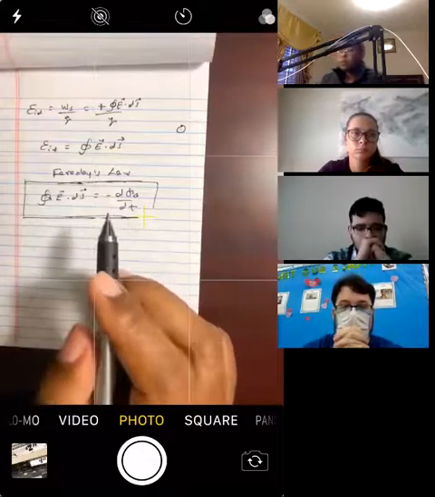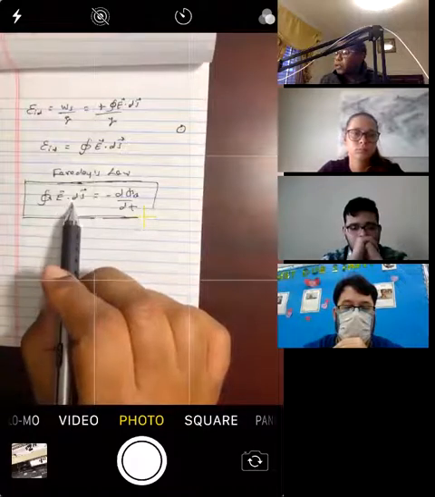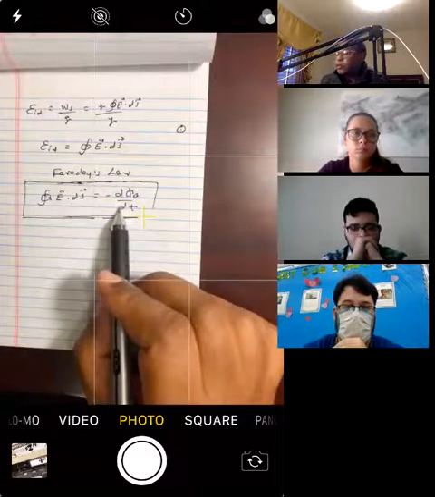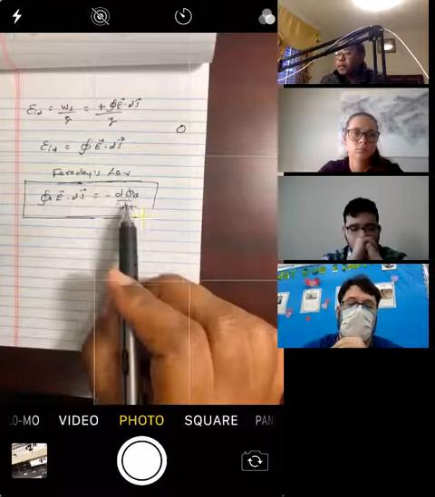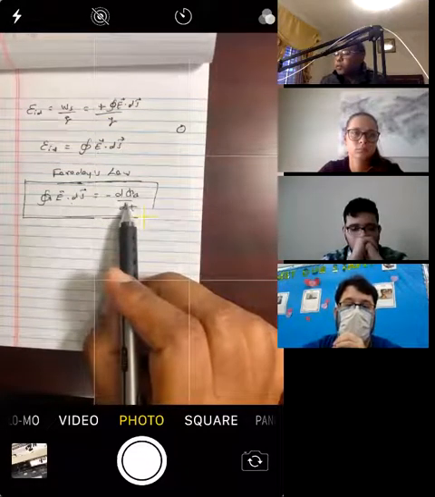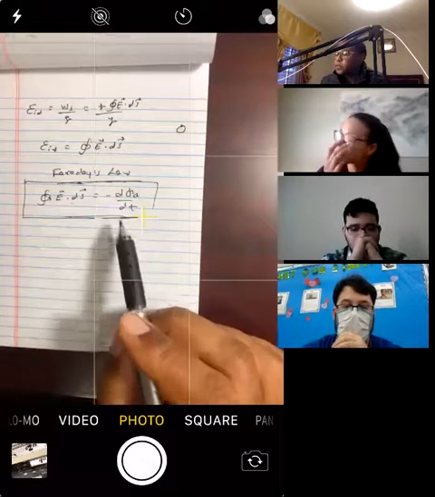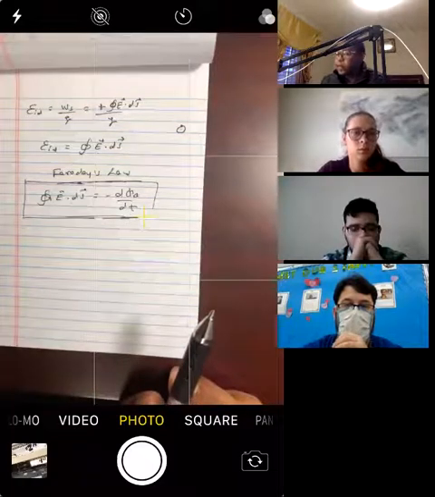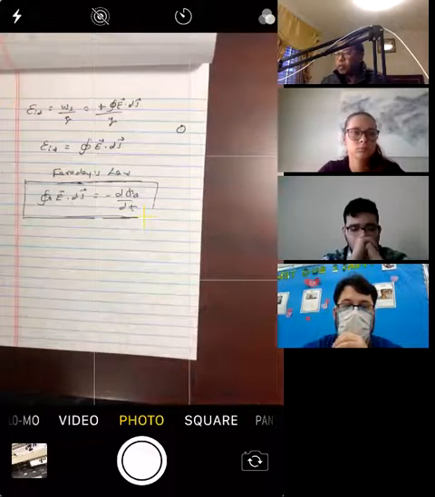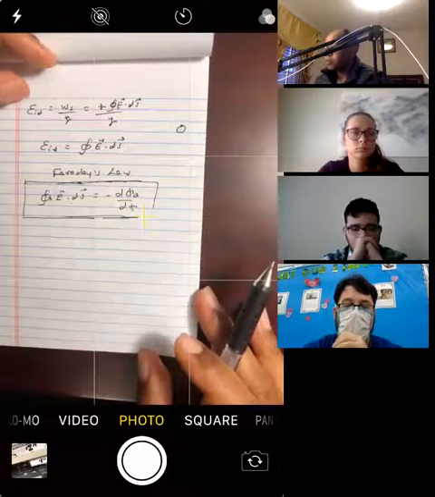You take any closed path and do this integral, and it will be equal to the negative rate of change of the magnetic flux. This is the integral form of Faraday's law. That's the magnetic flux crossing that closed loop. Now let's demonstrate this by means of an example.